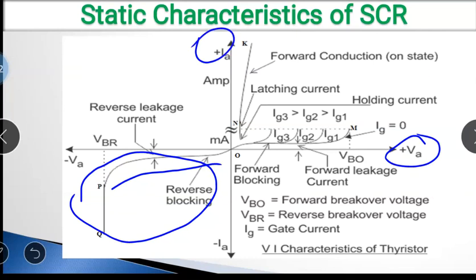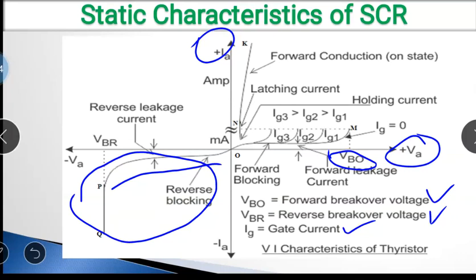This is the point VBO, the forward breakover voltage. This is VBR, the reverse breakover voltage, and IG is the gate current. If we increase the gate current IG1, IG2, IG3, then the SCR goes into conduction mode, or we can say the on state mode.